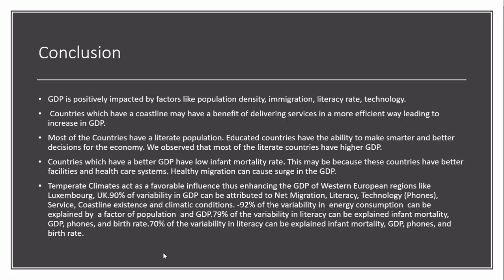We also figured out the location of a country matters. For example, we have North America and all the Western European region, and some parts of Asia, like Northern India and China.